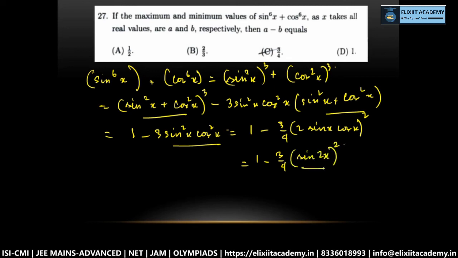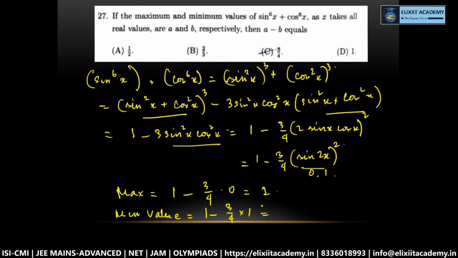You all know the maximum and the minimum value of sine square 2x. Minimum is 0, maximum is 1. So the maximum value is when this is 1 minus 3 by 4 into 0, that is 1. And the minimum value is 1 minus 3 by 4 into 1, when sine 2x is 1.